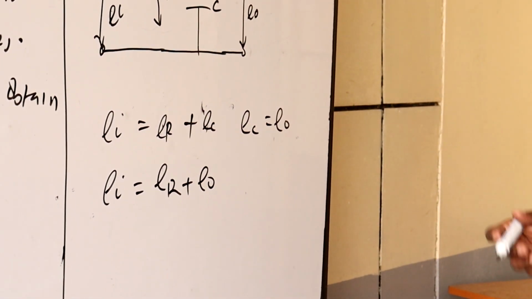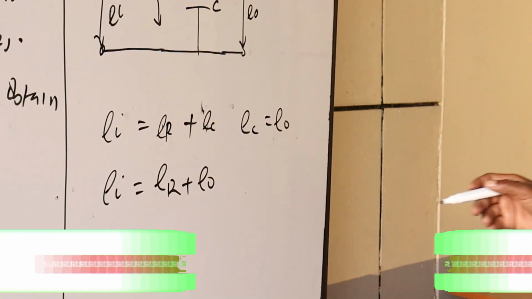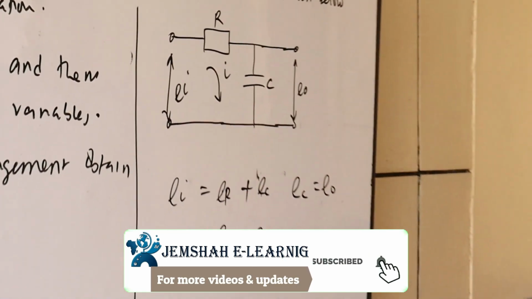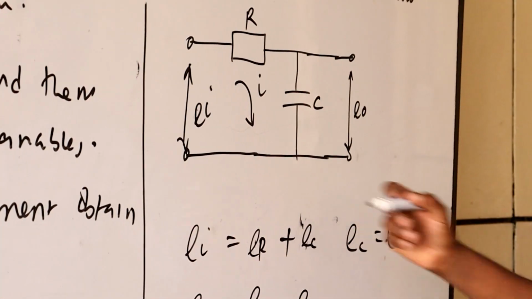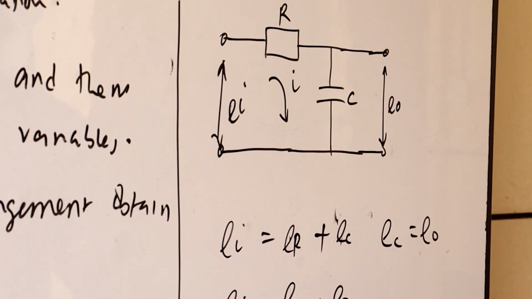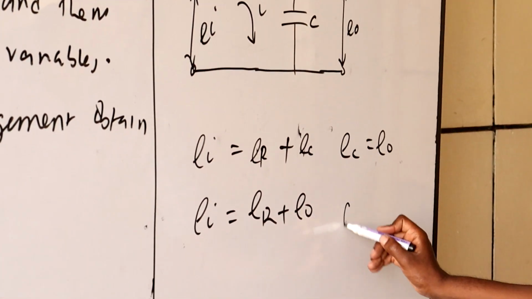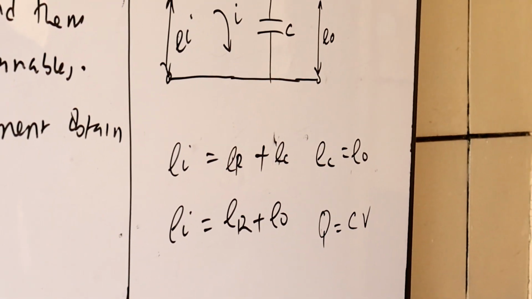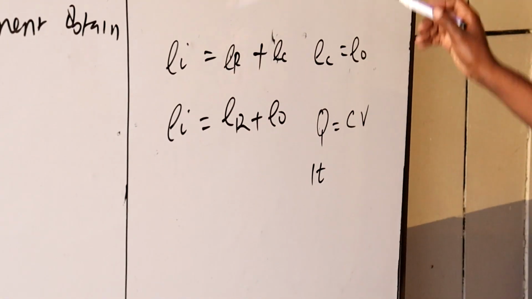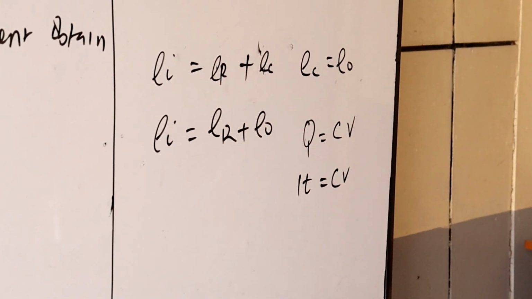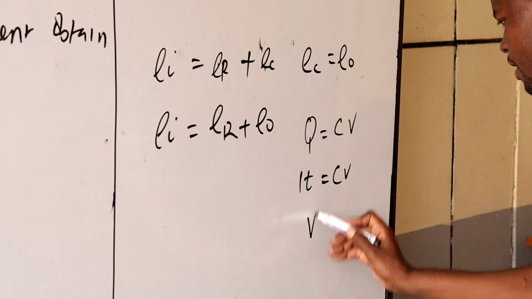After that, we can express the voltage in terms of the capacitor. Reminding ourselves, Q is equal to CV.